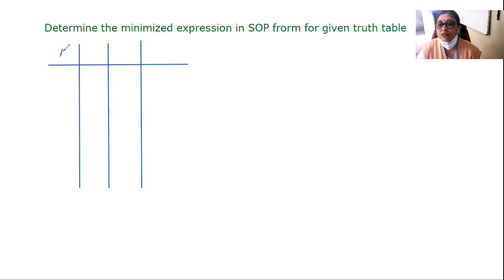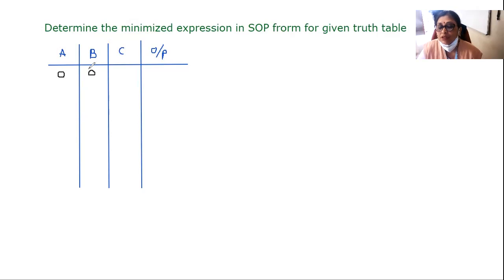So this is A, B, C and output. Okay. So A, B, C are the inputs and output of this is also given. So we will have to start from 0, 0, 0.